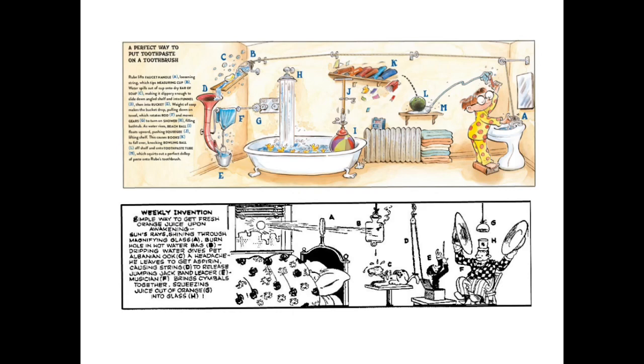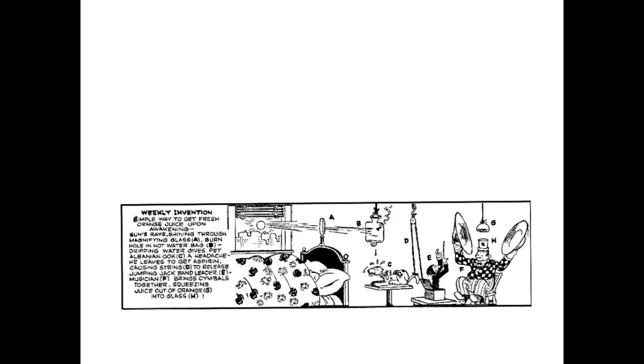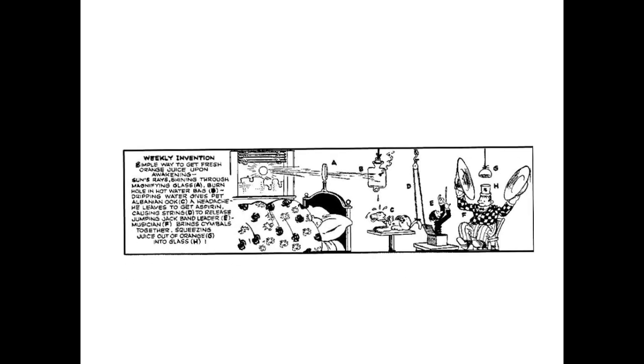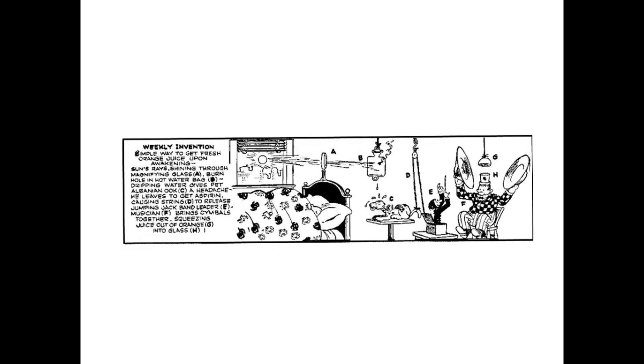Now for the next bit, we're just going to look at the bottom one. And we're going to see how the text and the image work together to help the reader understand what's going on. So we're going to start just by reading through the explanation first.